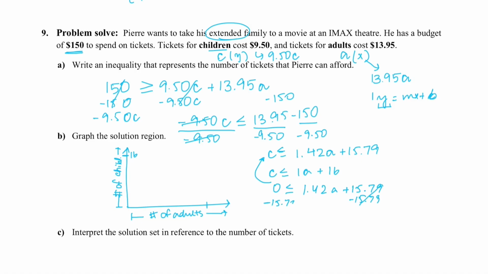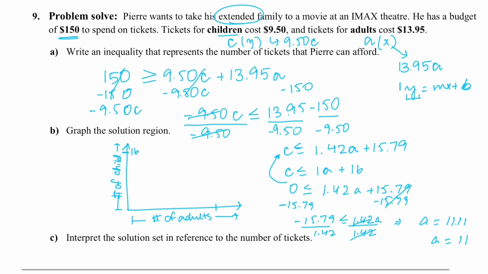So you get negative 15.79, and then divide by 1.42, and you'll get adults equal to 11.11, and that's A is equal to 11, okay? They cannot take 11.11 adults, so we'll just take 11.